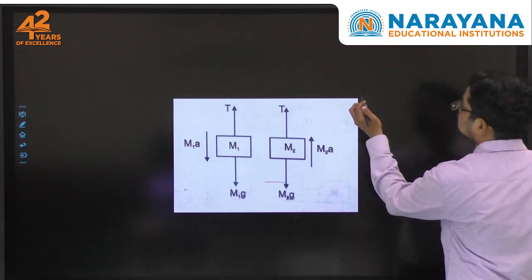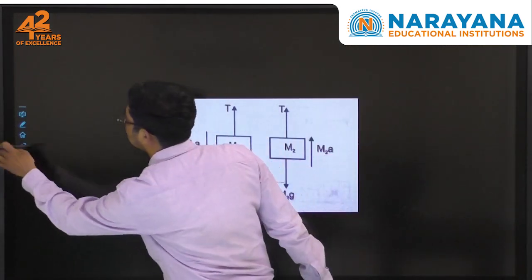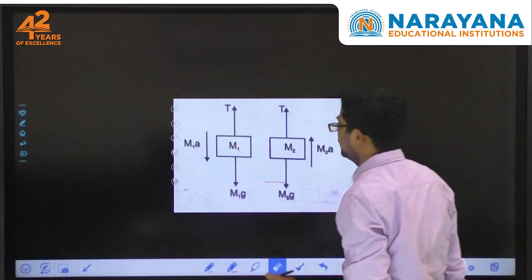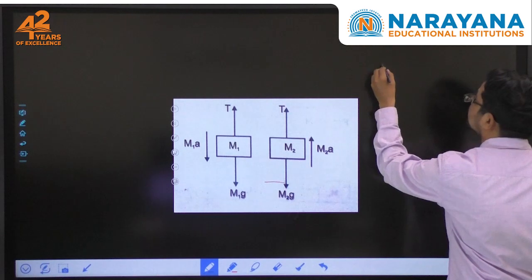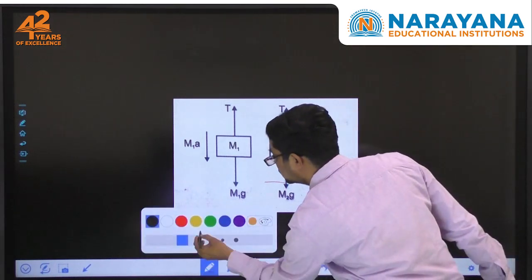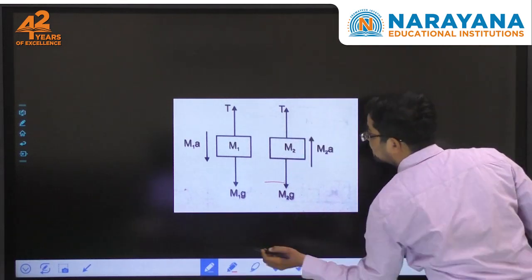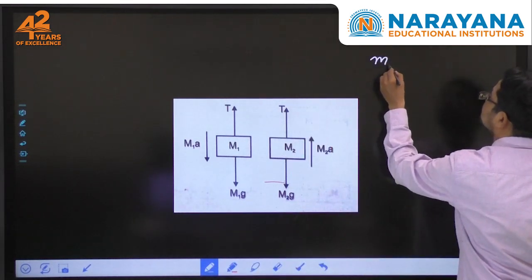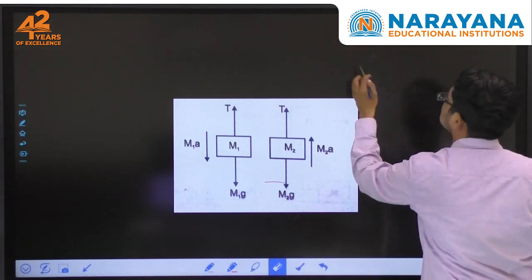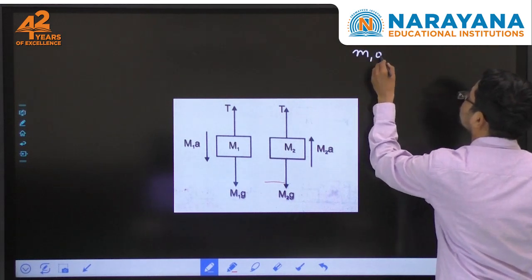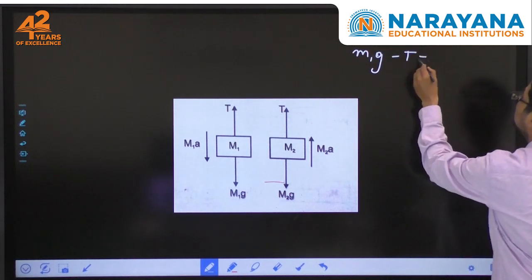Here we get m1g minus T is equal to m1a.